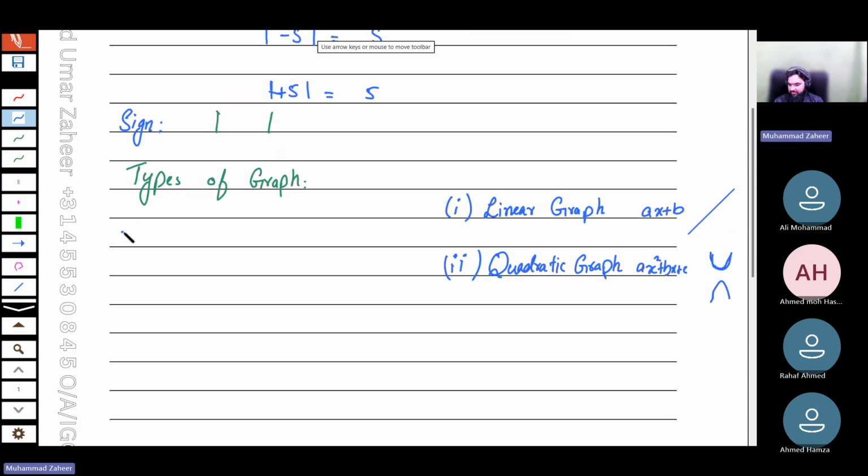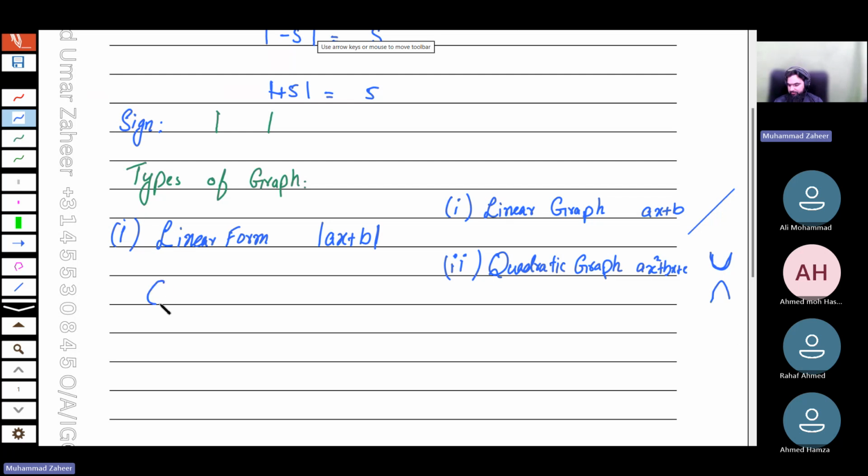We have the linear form in modulus, which is basically the mod of ax plus b. It's a linear one, but you put the straight lines around ax plus b.